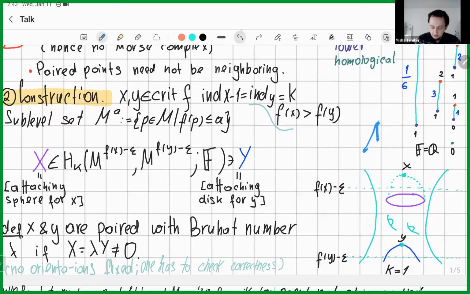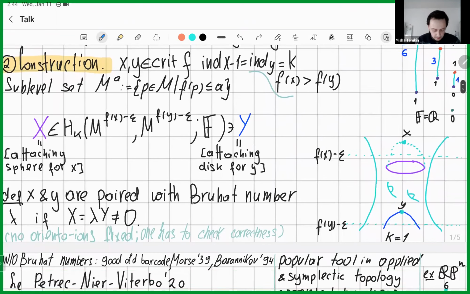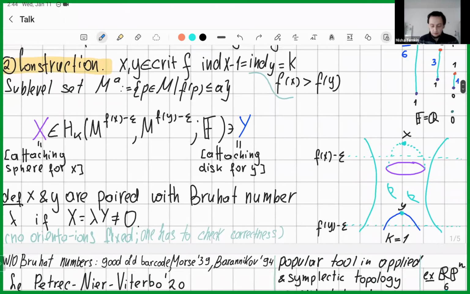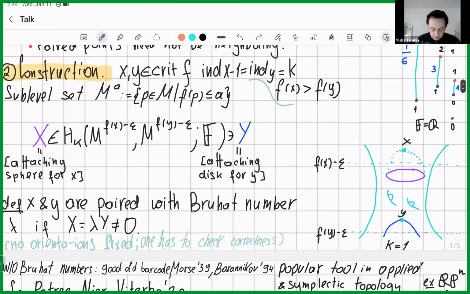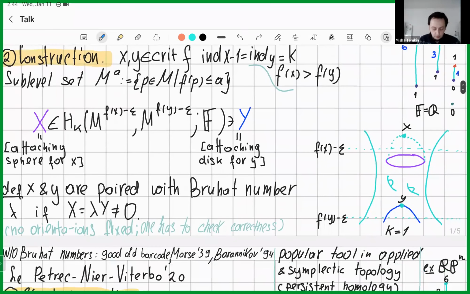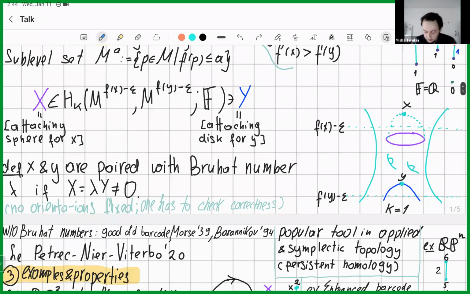Right, so that was the definition of the enhanced barcode. And the references are the following. If you simply disregard the numbers, then it is just the good old barcode, which was essentially defined by Morse in '39, then discovered by Barannikov in '94, and then it became a popular tool in applied topology, called persistent homology.